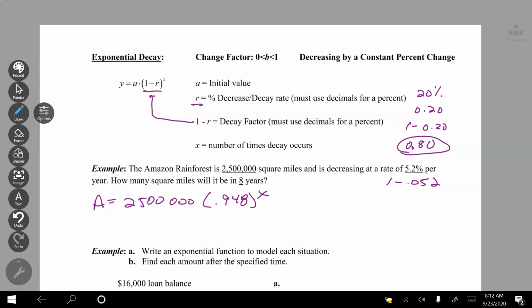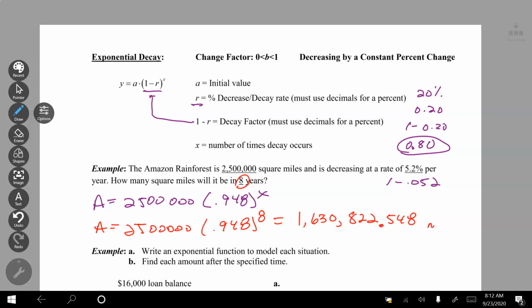When I want to do it for 8 years, A equals 2.5 million times 0.948 raised to the 8th, and I get 1,630,822.548 square miles, and I'm allowed to have decimals because this is square miles of rainforest. You could have decimals of square miles.